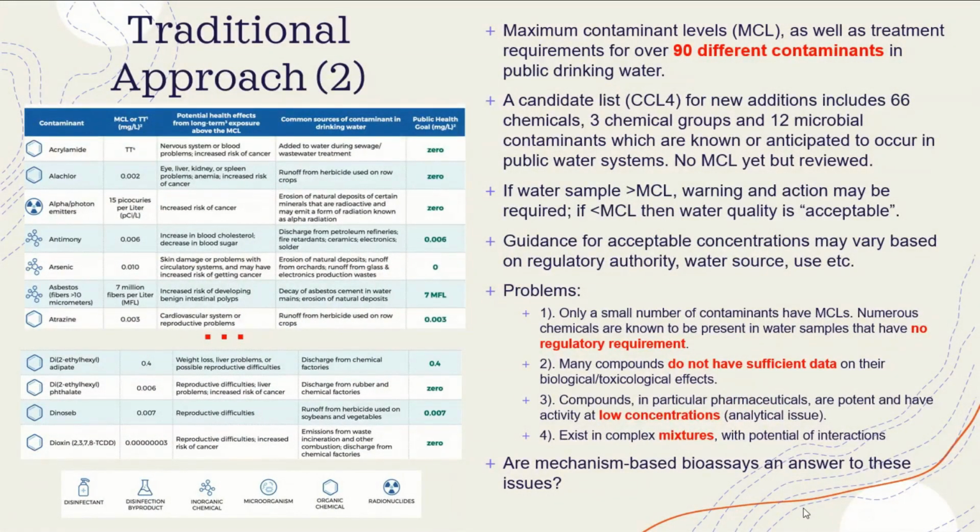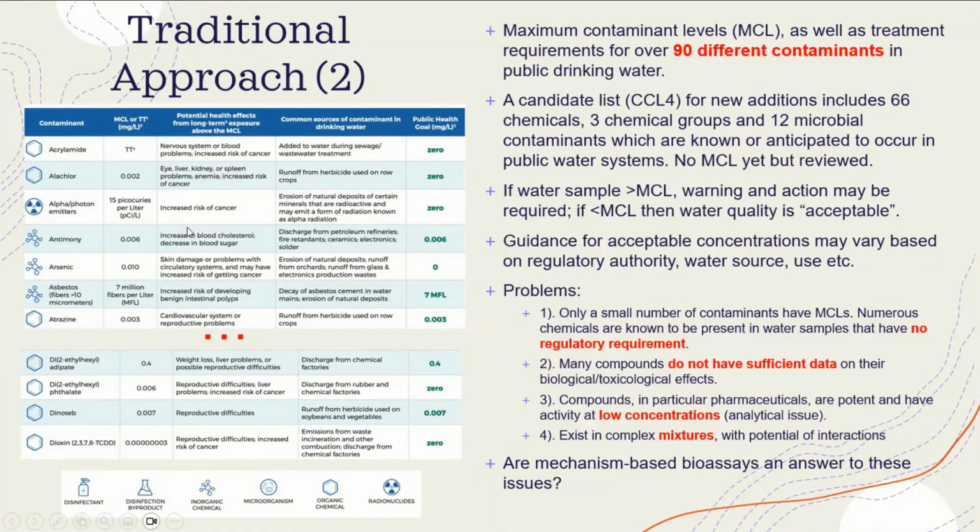So when we're talking about some of these contaminants of emerging concern, and talking about the Safe Drinking Water Act, we really have limited information on certain of these chemicals. So right now in the Safe Drinking Water Act, we have maximum contaminant levels for about 90 different contaminants. And these would include disinfectants, disinfectant byproducts, organic chemicals, microorganisms, and radionuclides.